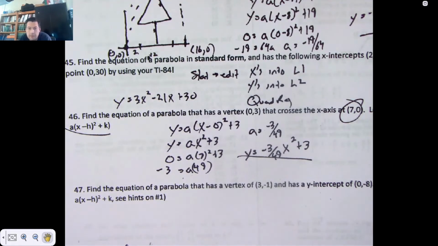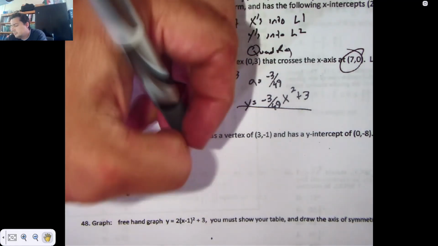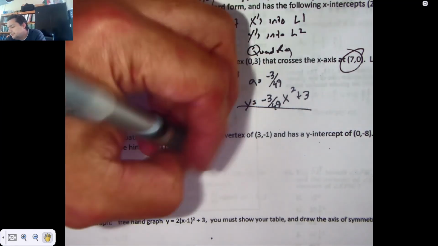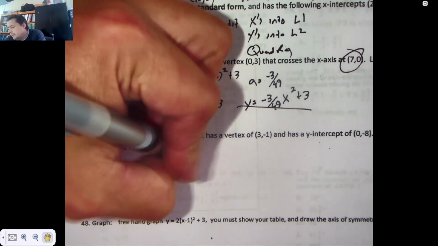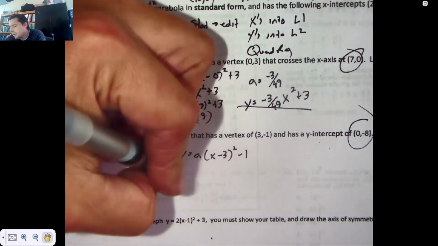Find the equation of a parabola that has a vertex at 3, negative 1, a y-intercept of 0, negative 8. Leave it in vertex form again. So it's just the same as I just did. Plug it in. Y equals a times x minus 3 squared minus 1. You've got x and y right there.